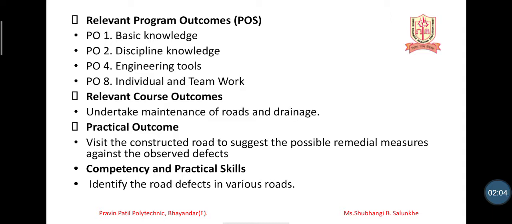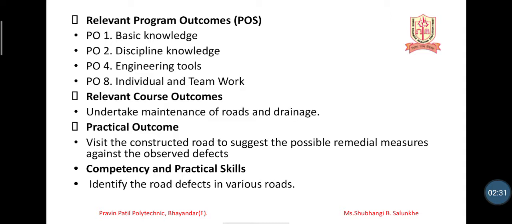Then we require PO8, that is individual and teamwork. Function effectively as a leader and team member in multidisciplinary teams. It means you should have an ability to work in a team, and even if you can work as a leader of the team.